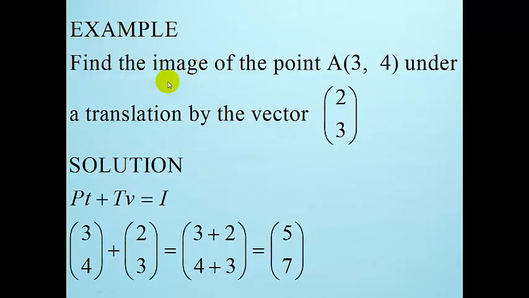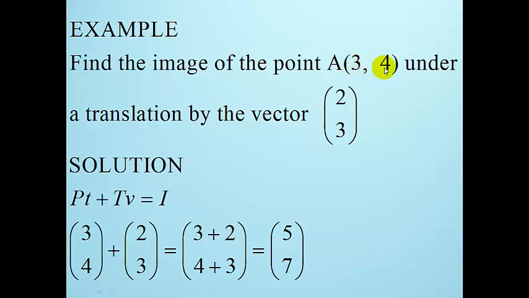Example: find the image of the point A (3, 4) under a translation by the vector (2, 3). So from the question, we are given the point A and the coordinates are (3, 4).